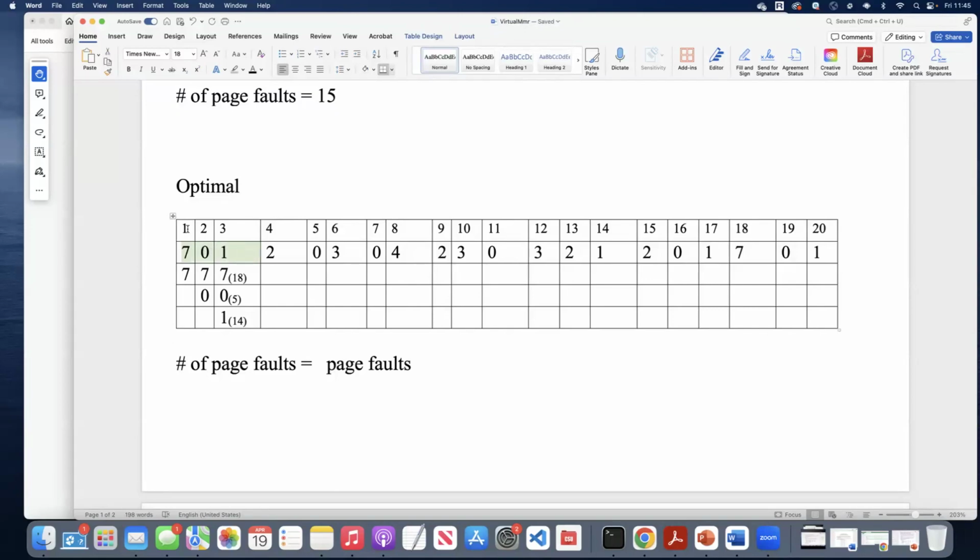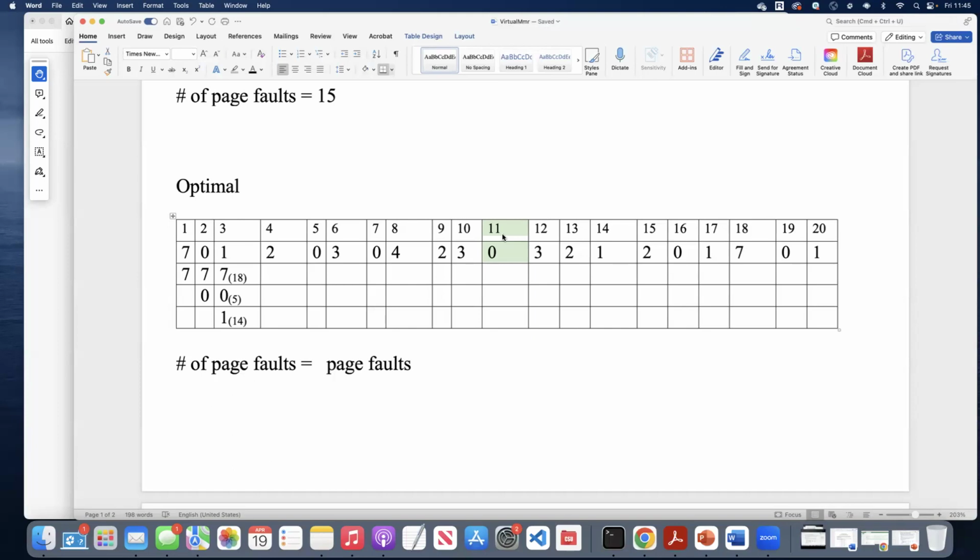So we associate with each page its access time. That means page 7 is accessed at time 1, page 3 will be accessed at time 6, and page 0 will be accessed at time 11.